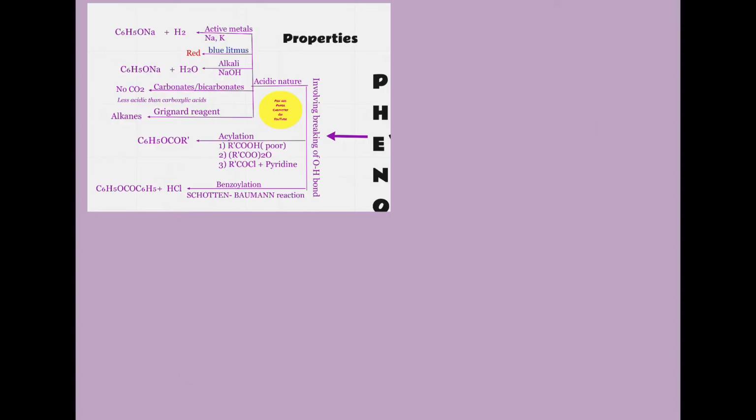Let us now move our focus to benzoylation. Now you know acylation. What would be benzoylation? Yes, simply the replacement by the benzoyl group. So for acetyl you had CH3CO, now it would be C6H5CO group.